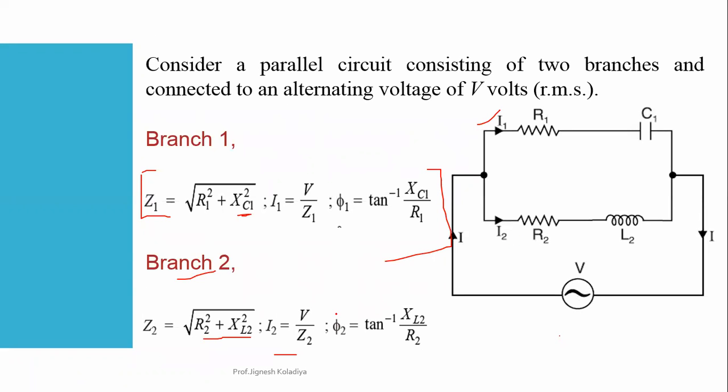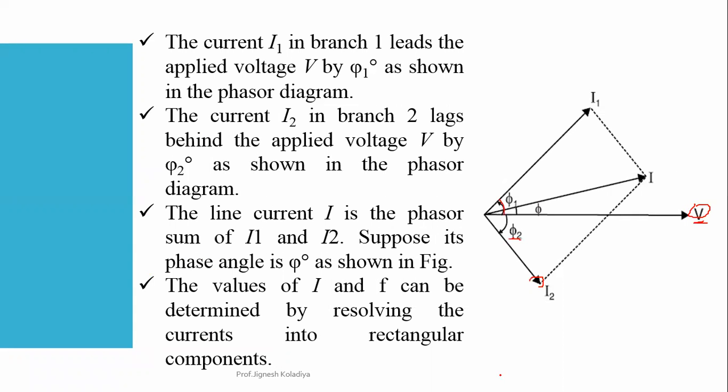By using the parallelogram method, as you already know, you will get your resultant current, that is I.